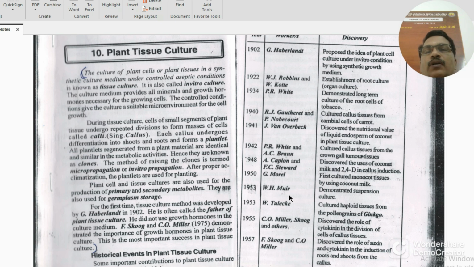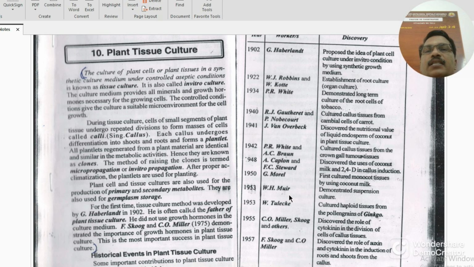If you take a small piece of cell from root tip to shoot tip, each cell grows as a whole plant, like a mother plant. That is the totipotency nature. Because of this nature only, plant tissue culture technology evolved. Okay, so totipotency. Don't forget about totipotency of the plant cell. Whereas in animal cells it is pluripotency.